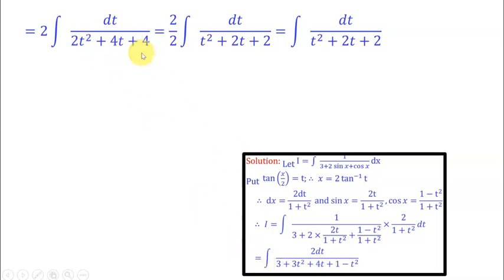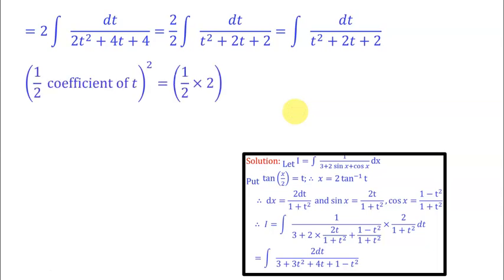Now take 2 as common: 2 upon 2, integral dt upon t square plus 2t plus 2. The 2 gets cancelled, leaving the integral of dt upon t square plus 2t plus 2. Now arrange it in a perfect square. Take 1 upon 2 of the coefficient of t, bracket squared.